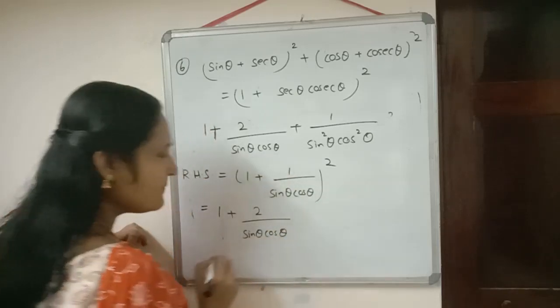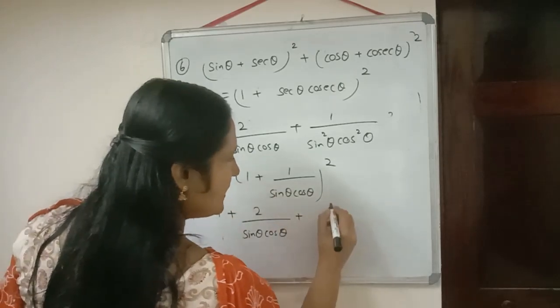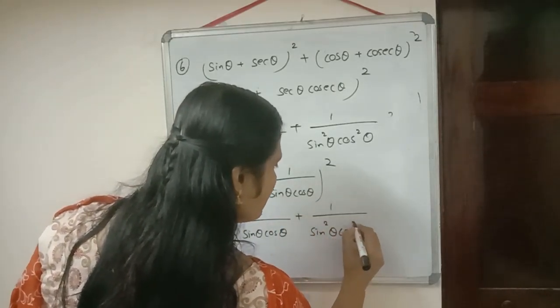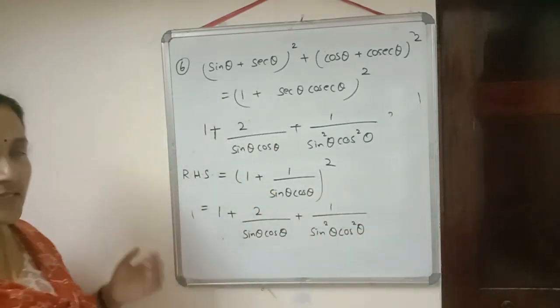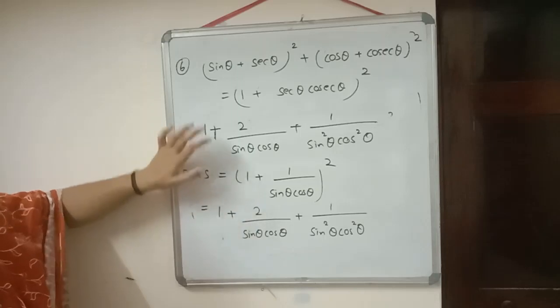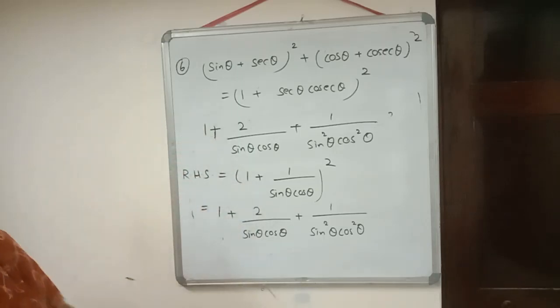So we will get here 2 by sin theta cos theta plus b square, so 1 by sin square theta into cos square theta. So just to check, when we expanded the right hand side, we are getting the same expression there. So we can say left hand side and right hand side are equal.